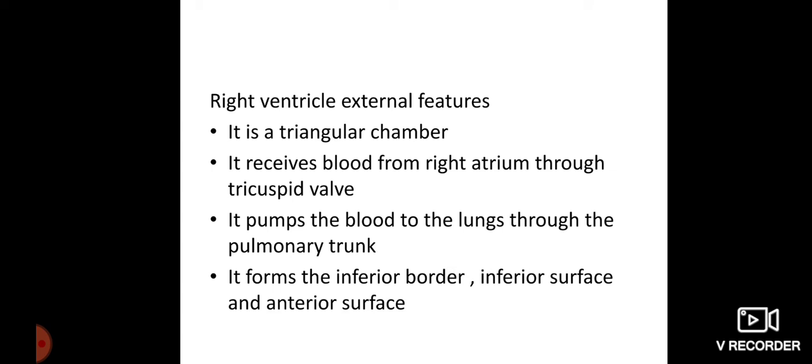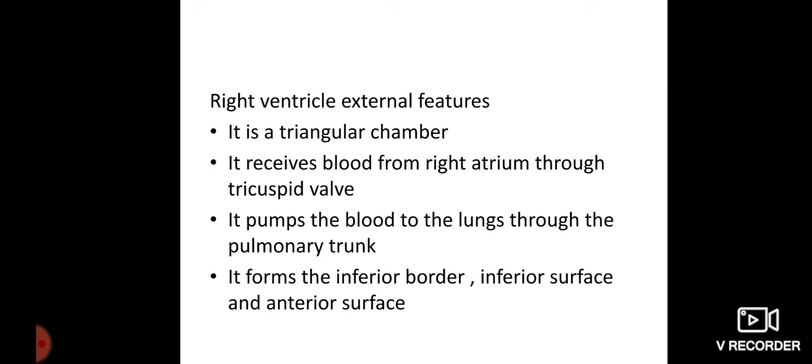Now we can see the external features of the right ventricle. It is a triangular chamber. It receives blood from the right atrium through the tricuspid valve. It pumps the blood to the lung through the pulmonary trunk. What are the borders and structures contributed by the right ventricle?